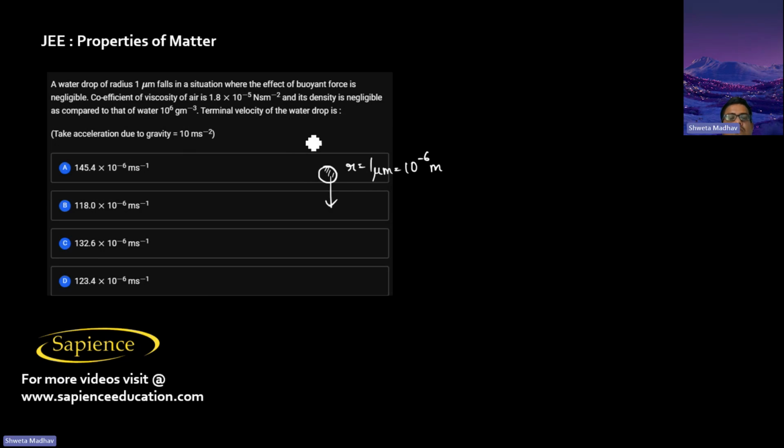It falls in a situation where the effect of buoyant force is negligible, so it means V sigma g is approximately zero. The coefficient of viscosity of the air is 1.8 into 10 power minus 5 newton per meter square.